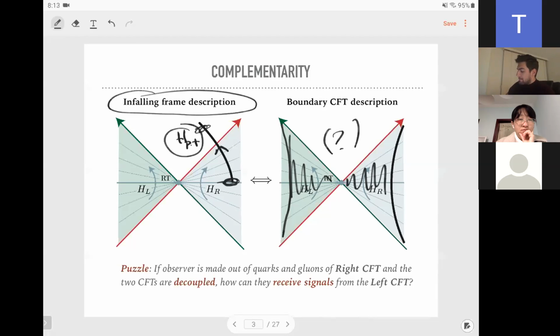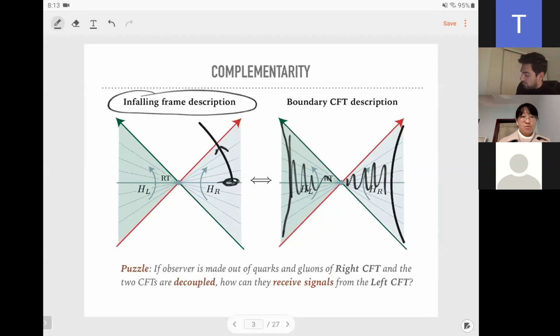So, I want to start with a little puzzle, a puzzling feature of this proper time Hamiltonian in this setup. This feature is present both in single-sided and two-sided black holes, like the one I'm drawing here, but it's more sharply described in the context of the two-sided black hole.